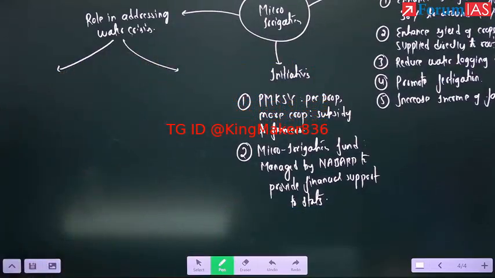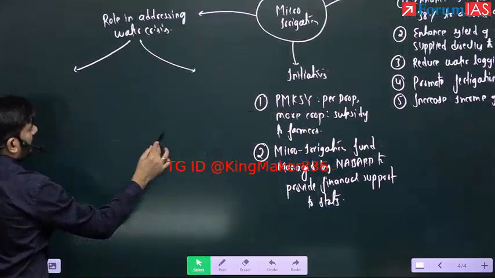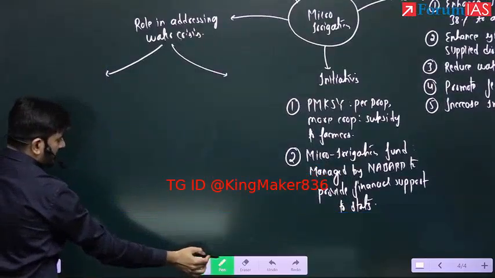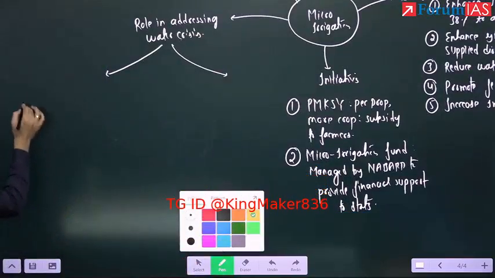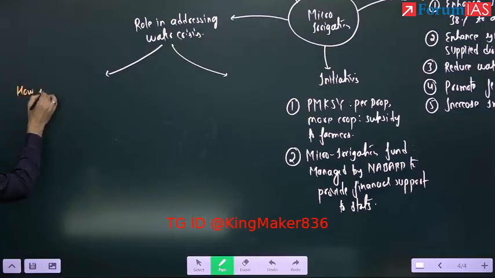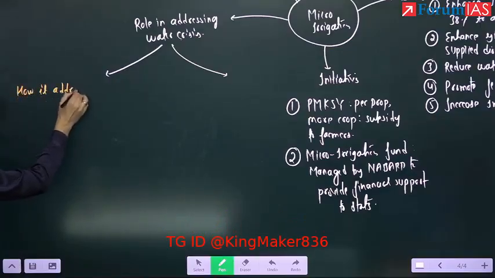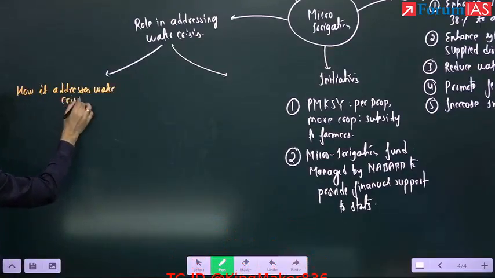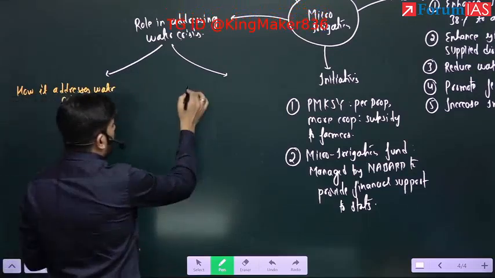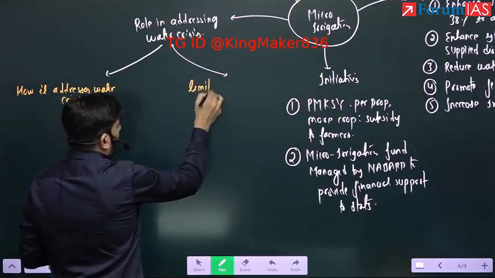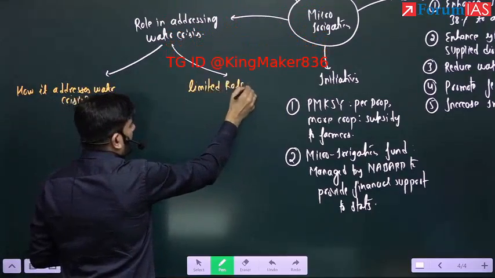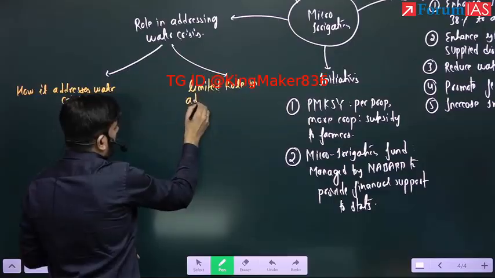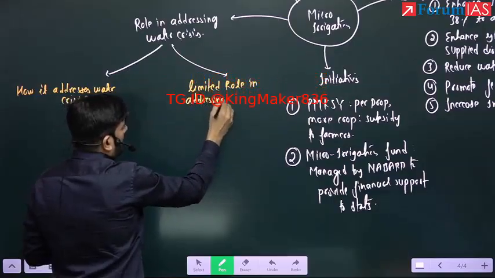With respect to its role in addressing water crisis, I'm trying to divide this into two parts. One part is how it addresses water crisis in agriculture, and second part is why micro irrigation has limited role in addressing water crisis.